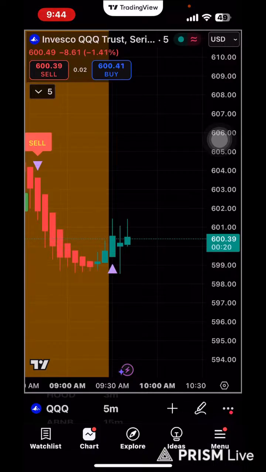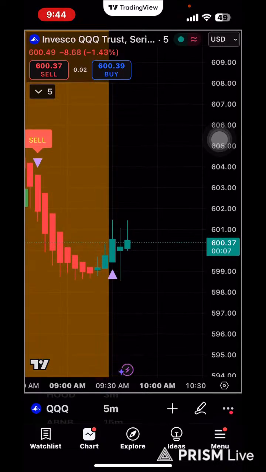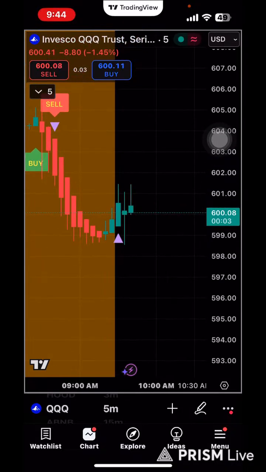All right, guys, so we still have this little bounce that's happening on Q. And as I mentioned to you, I'm looking for this arrow to flip down, and then I would most likely take a short position at that time because I feel like this upward bounce is some kind of fake out.